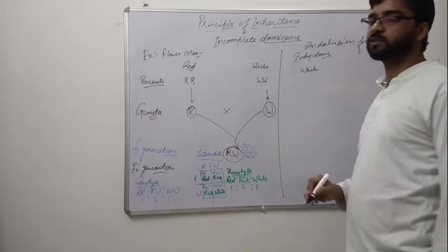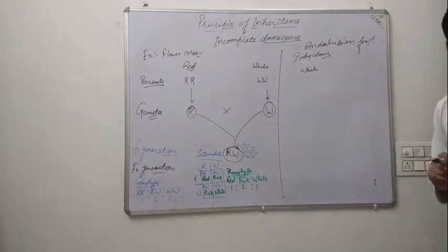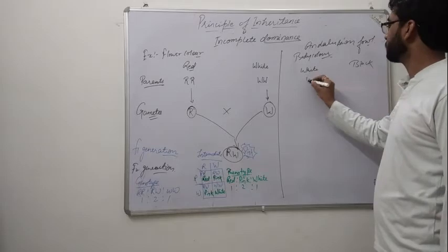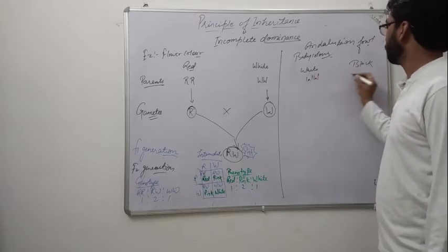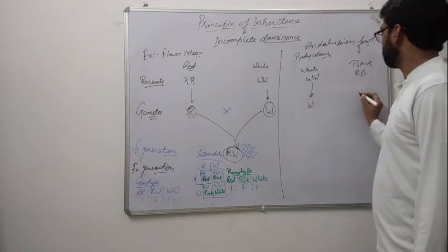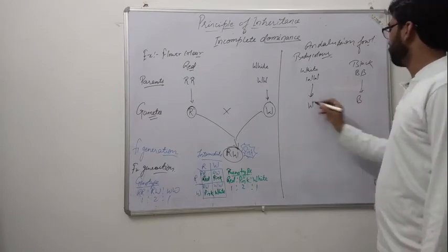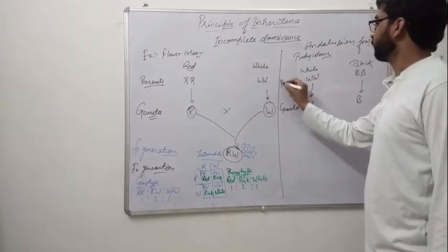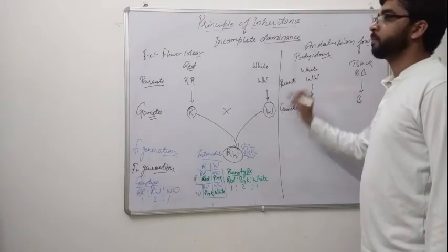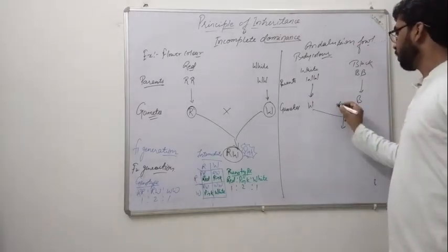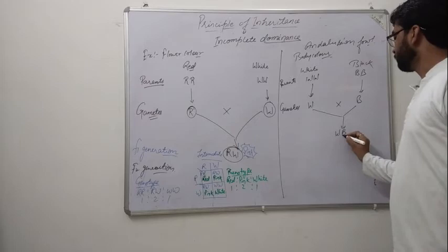Actually, it is not white, it is gray in color. And the second one is black. We represent them as WW and BB. The gametes W and B are crossed to give WB.